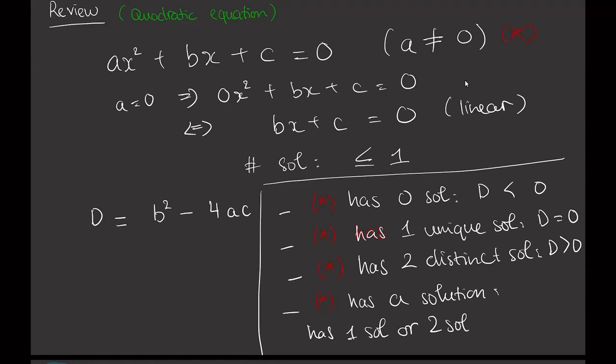So in this case, you have to find a, b, c such that d is greater than or equal to 0. Has one solution is when d equals 0. Has 2 solutions is when d is greater than 0. So has one solution or 2 solutions means d is greater than or equal to 0. Does this make sense?